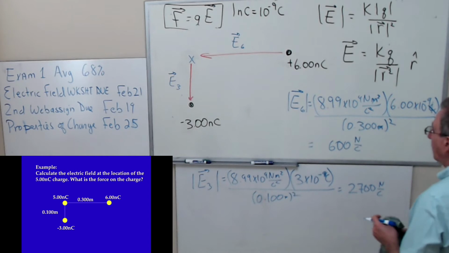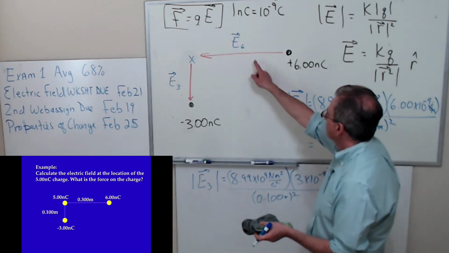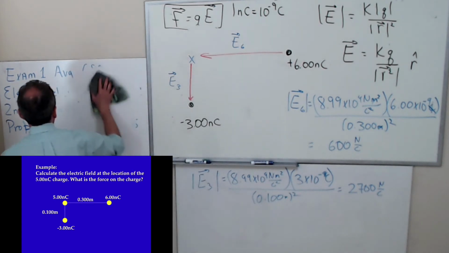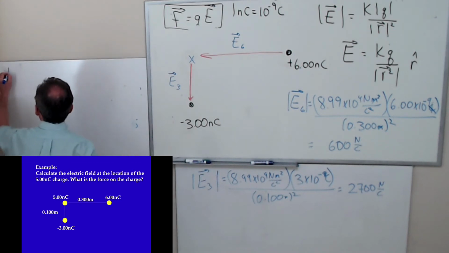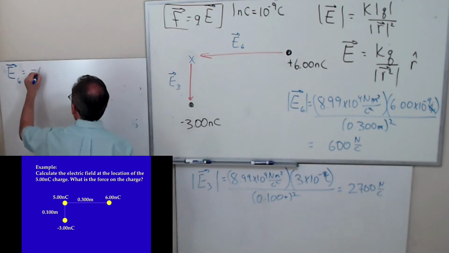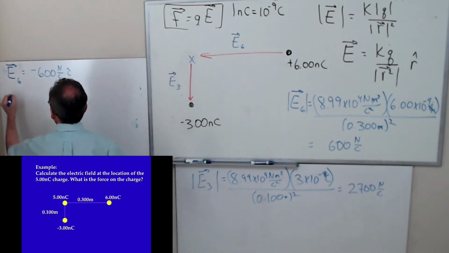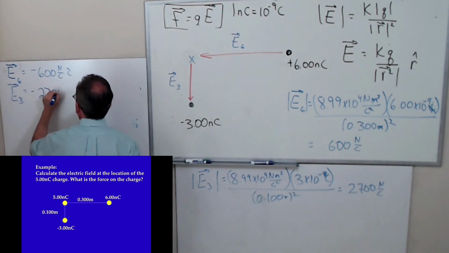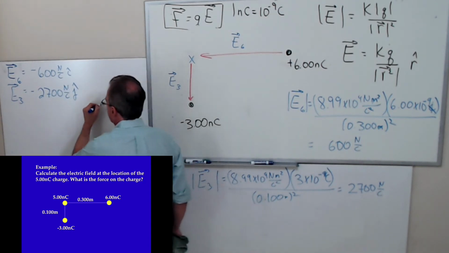So all I have to do now, well, I have to resolve these into x and y components, but this has no y component, that has no x component. So if I write this as a vector, I would write it this way. And then I have to add those two vectors.